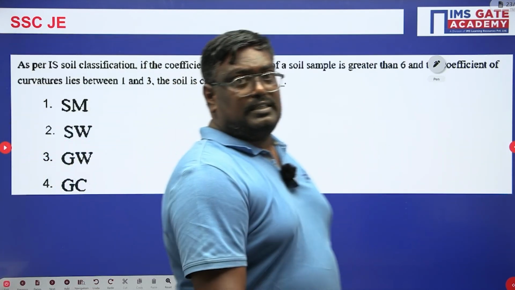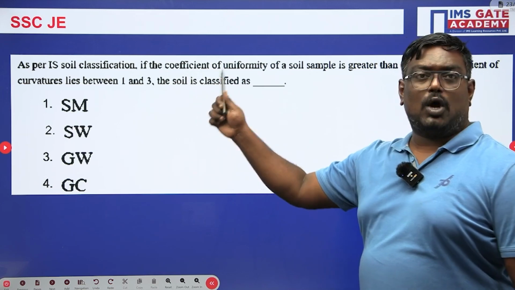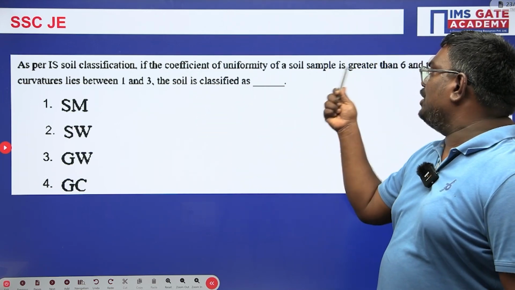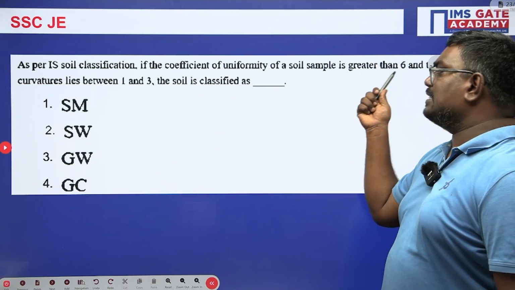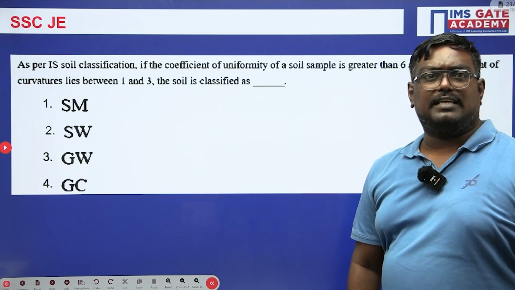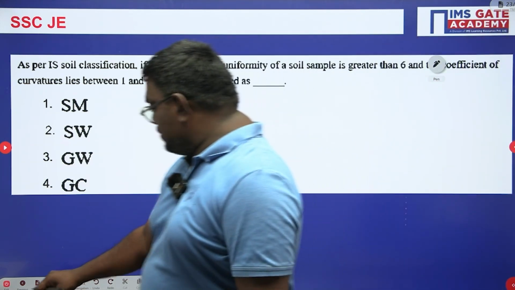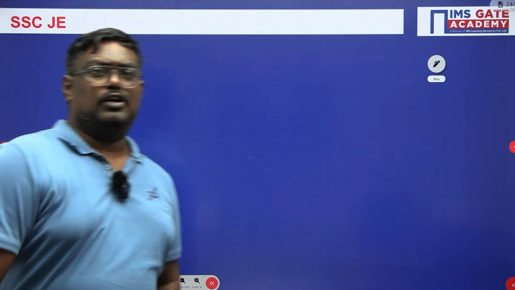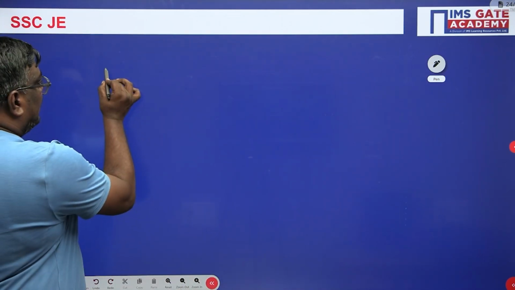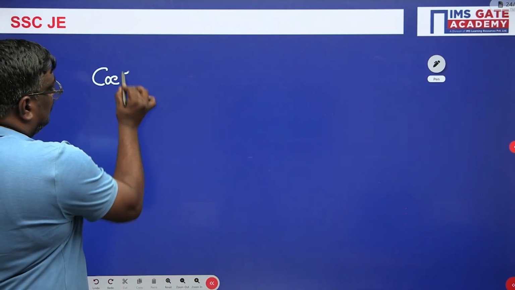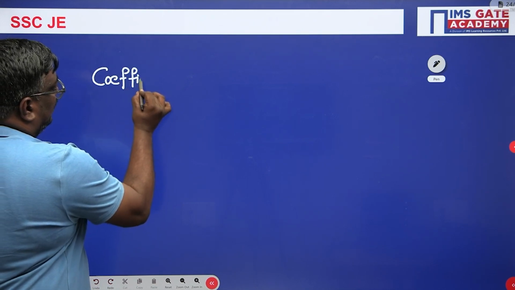Now see students, as per the soil classification, if the coefficient of uniformity of a soil is greater than 6 and coefficient of curvature lies between 1 and 3, what is the soil classified as? Now let me tell you, my dear students, first of all, you should know what do you mean by coefficient of uniformity.